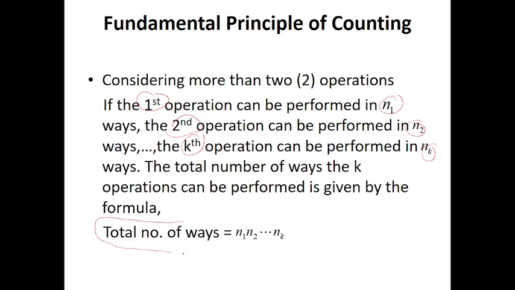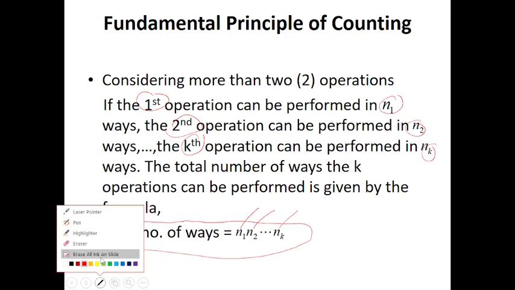You just multiply. Operation 1 can be performed in n1 ways, operation 2 in n2 ways, and so forth until we reach operation k that can be performed in n sub k ways. So we simply multiply and get the product.